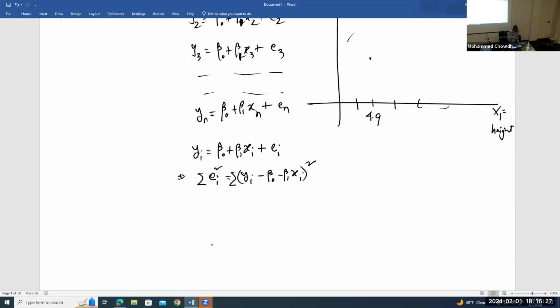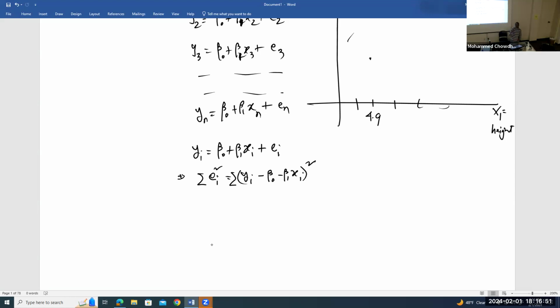So now this is the sum of squares of error, right?